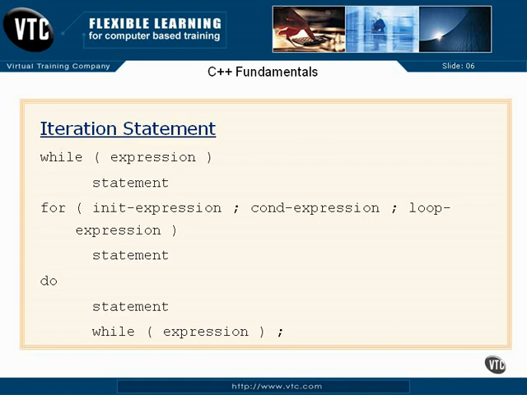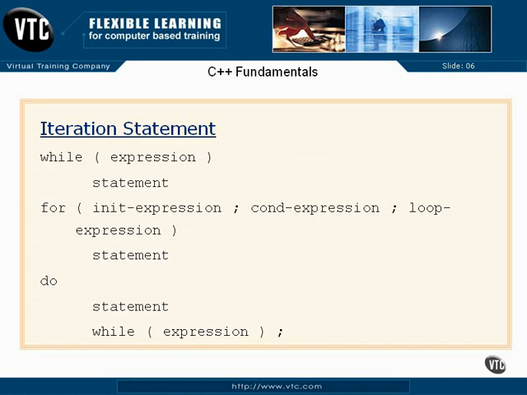With the do, you have a do and then the block, or a single statement, that's going to occur while something is true. So in a do loop, you will always do the block of statements at least once. So you have to make sure that everything is initialized and you're all ready to go. You'll come in and do those statements, and then you'll see, should we do them again, with the while at the bottom.